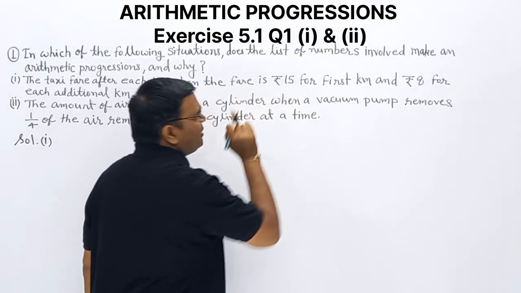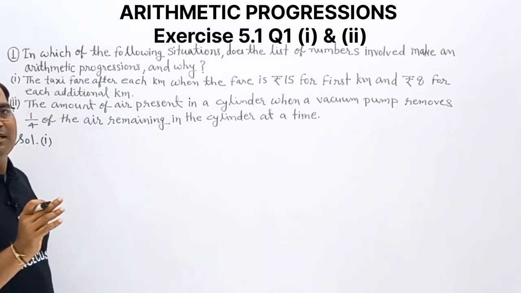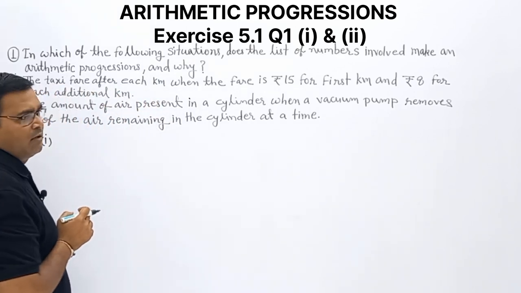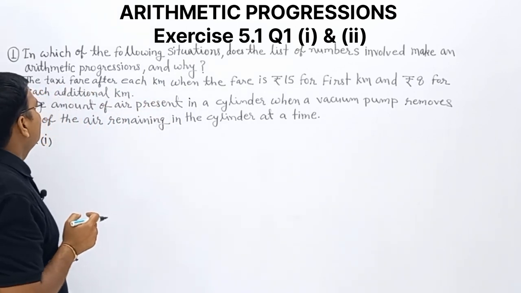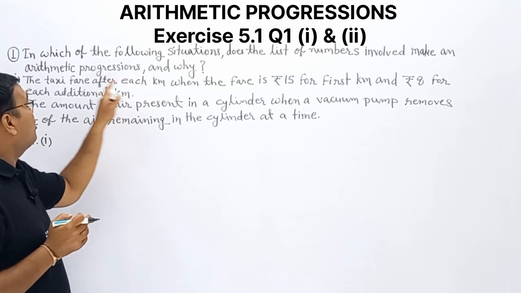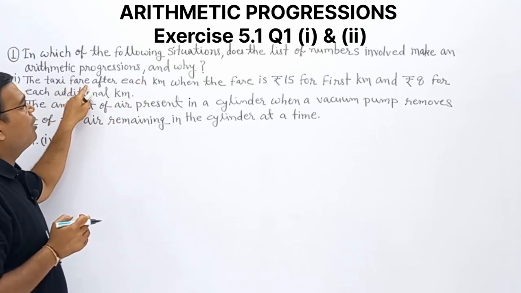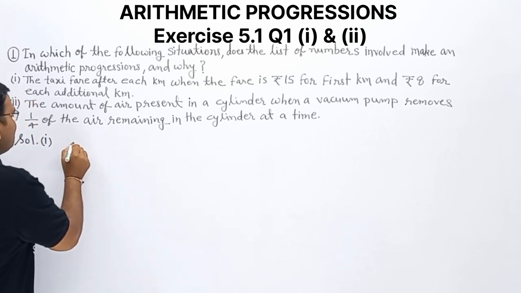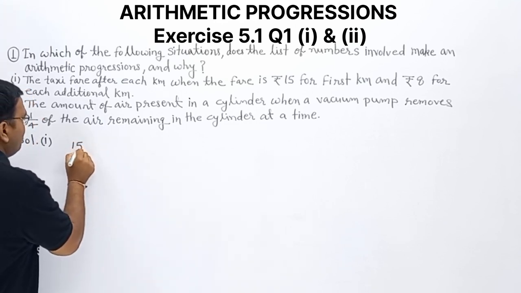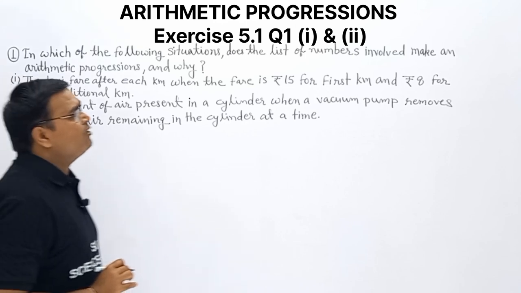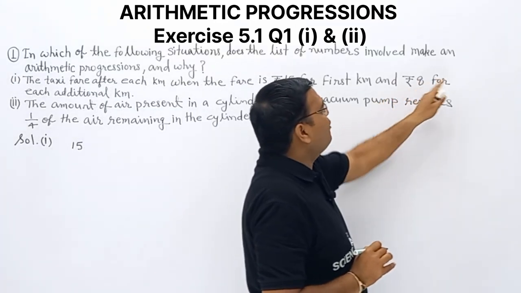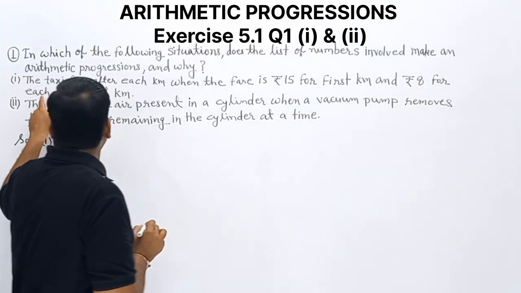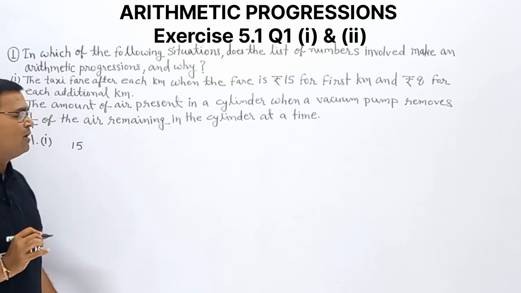For the first kilometer, we are taking a taxi to go somewhere, and the fare of the first kilometer is 15 rupees. Clear? And rupees 8 for each additional kilometer.